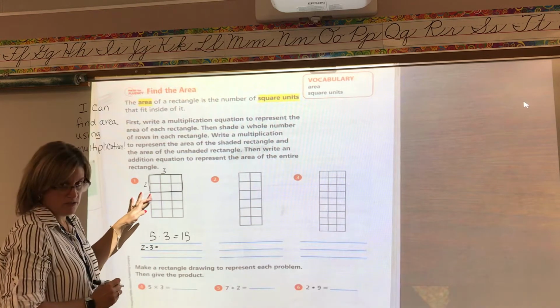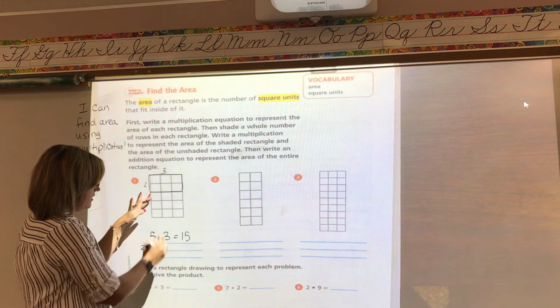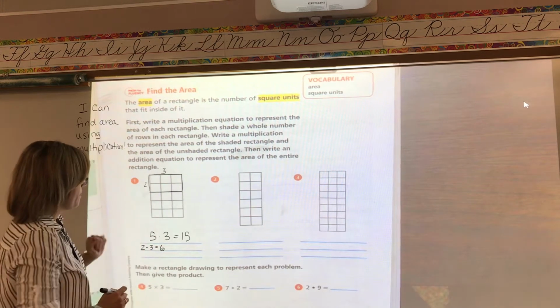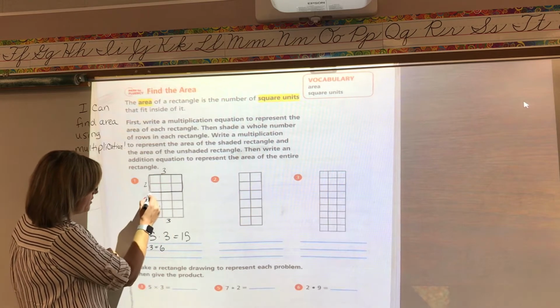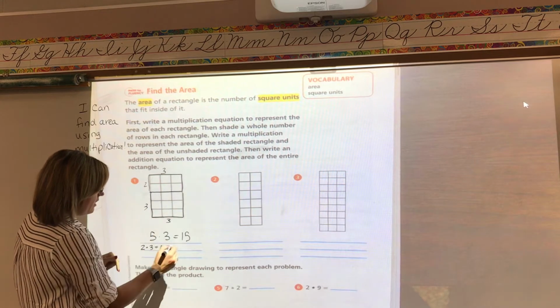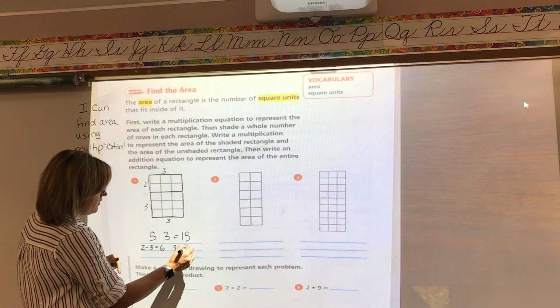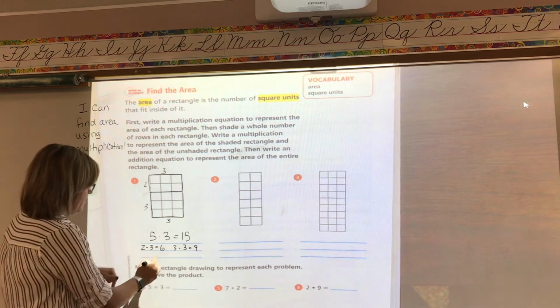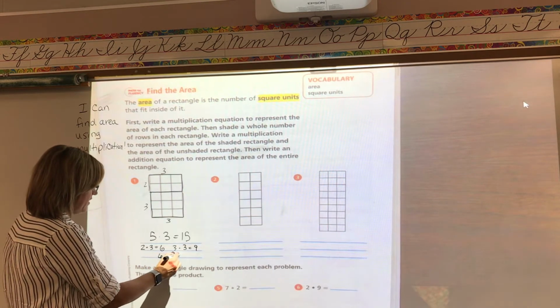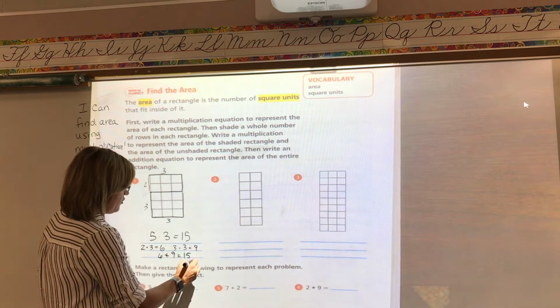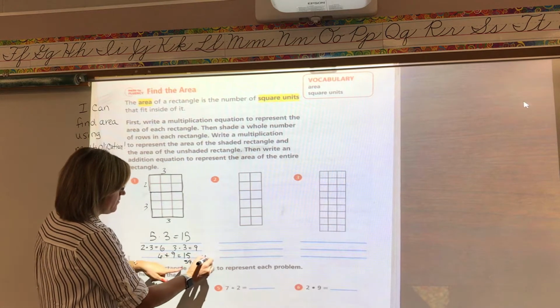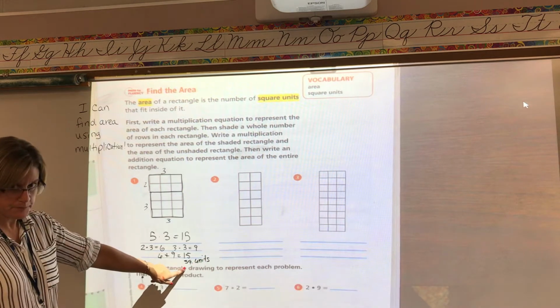What does that equal? 6. Okay? And then I could look at this area. 3 times 3, I know that that equals 9. And if I added 6 plus 9, I still come up with 15 square units. This is how we label it.